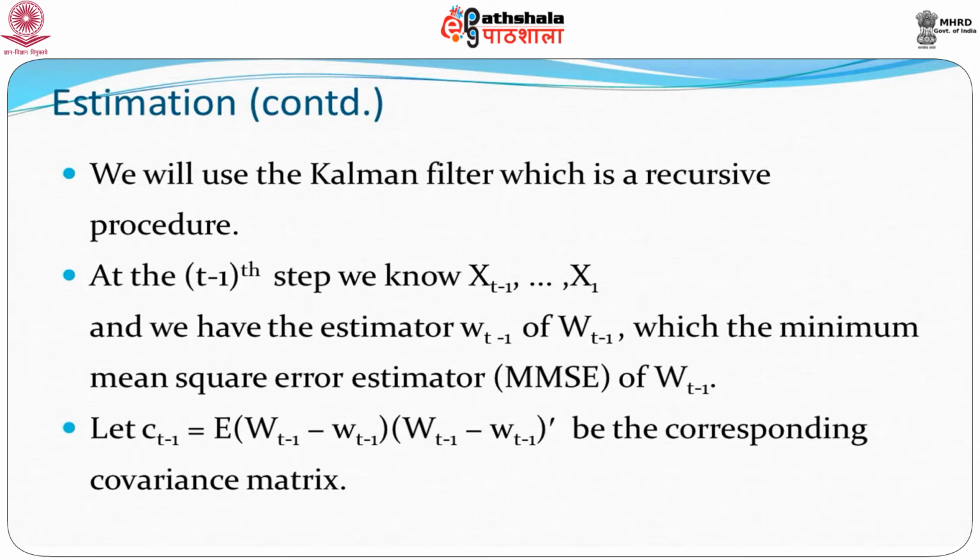Of course, this would not be given, and we will see how we can actually get this also, but for the time being assume that for the previous step this is already obtained. And once we have obtained this, we will write C t minus 1 as the corresponding covariance matrix, which again is obtained till the last time point t minus 1.